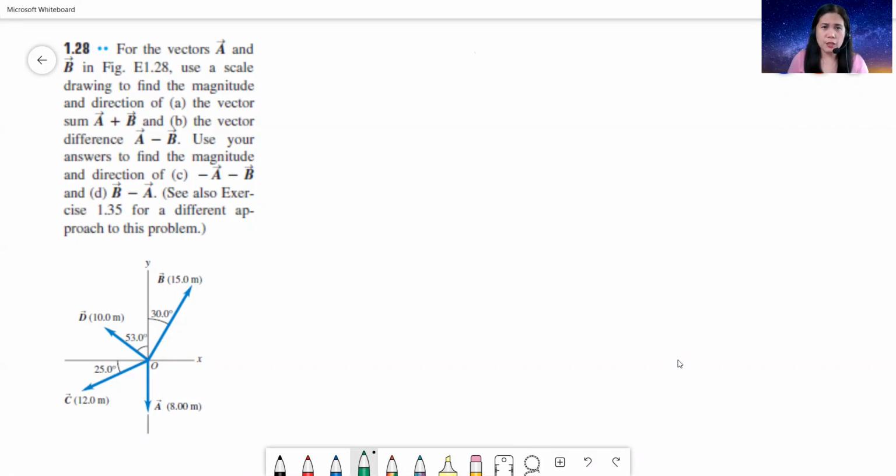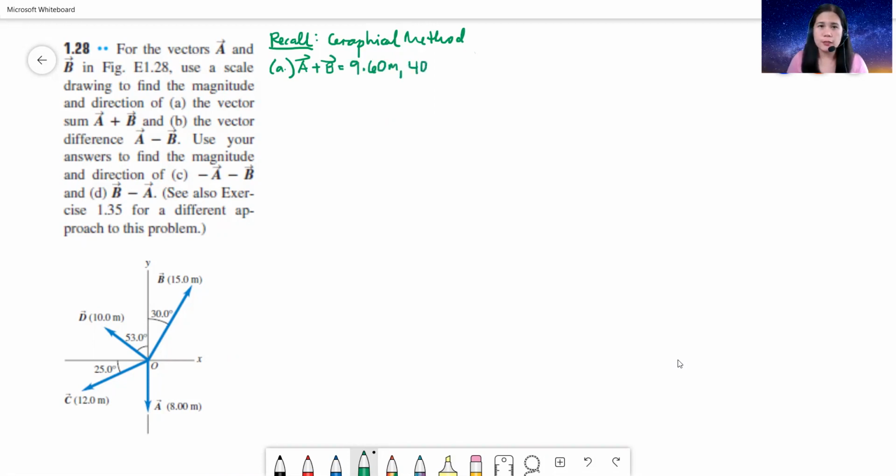So let's just recall, let me write here the results that we had earlier in the earlier video. So using scale drawing or graphical method, these were our answers. For letter A, our answer was, let me look at my code, vector A plus B is equal to 9.60 meters. That's the magnitude.